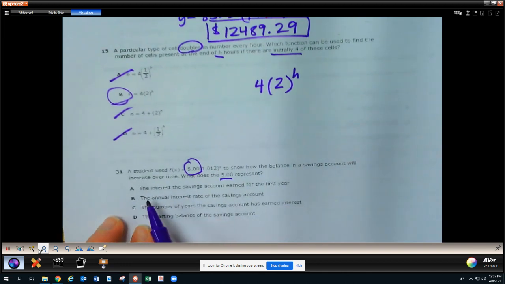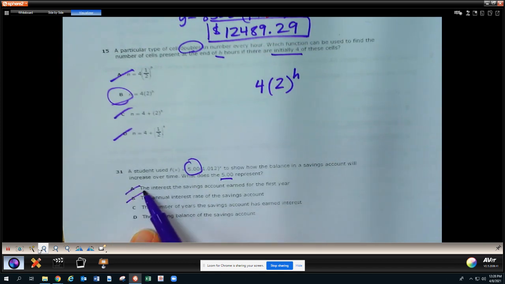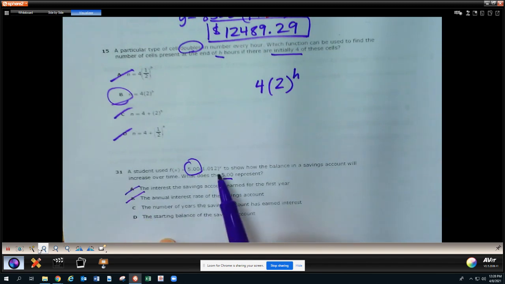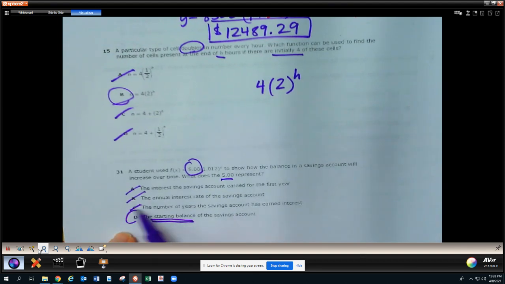Choice A says the interest the savings account earned. That's not true. They're not earning $5 in interest each time. The annual interest rate, that's not true. That's not a rate. That's the starting value. The number of years, that would be x. The starting balance.